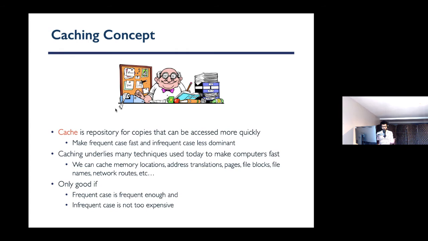If you don't have frequent cases, let's say you are always randomly accessing some address or some item, and there's no notion of locality, then caching introduces overhead. It won't speed up your system because there is no pattern in your accesses.